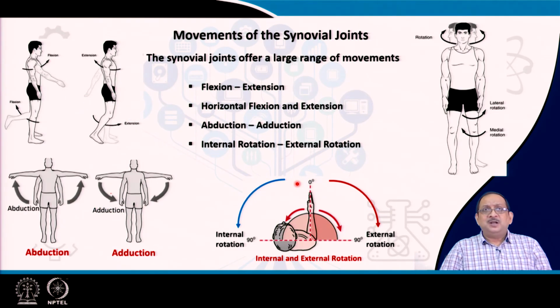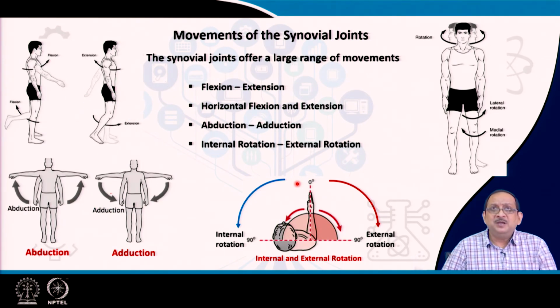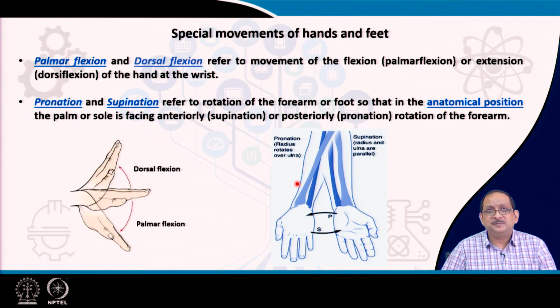Now, let us consider the movements of the synovial joints. The synovial joints offer a large range of movements, starting from flexion, extension, horizontal flexion, horizontal extension, abduction, adduction, internal rotation and external rotation, as shown in the figures.